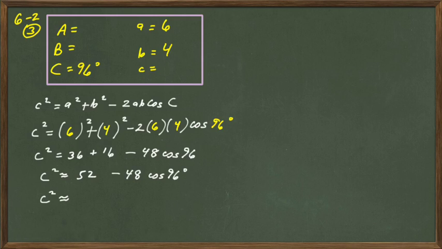That doesn't mean I use arc sine on it, but it means I would take the square root to get rid of the square. 52 minus 48 cosine 96 gives me 4.2629. Take the square root of the number, and I get 2.06.